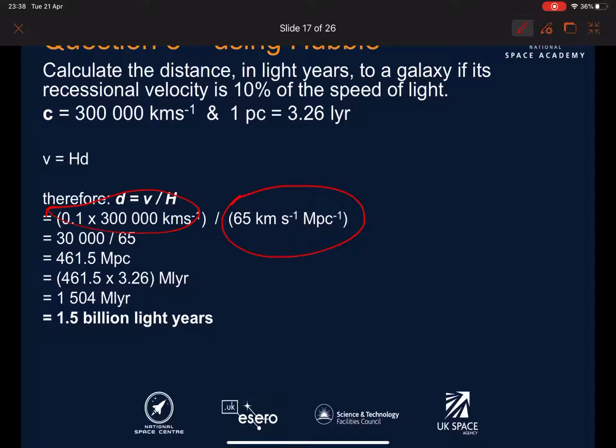And the distance we get is initially this one down here, in megaparsec, and then we converted it into light years. It didn't actually ask in the question for the answer in light years.